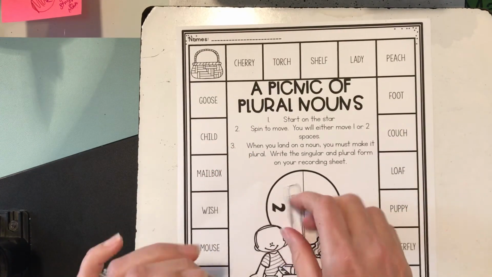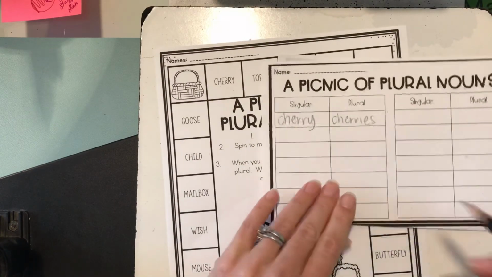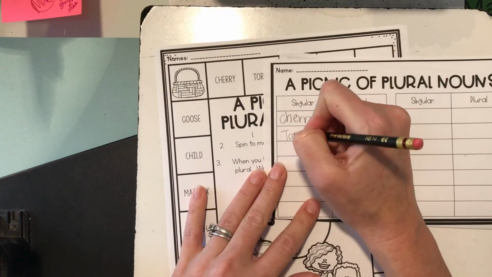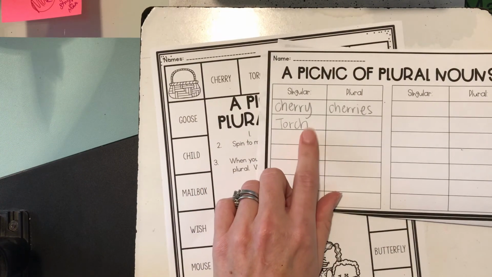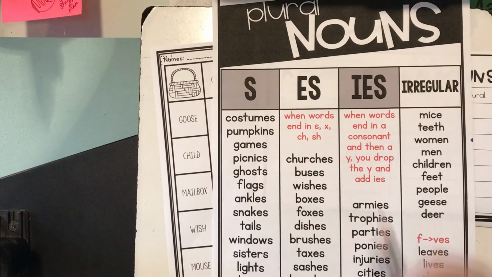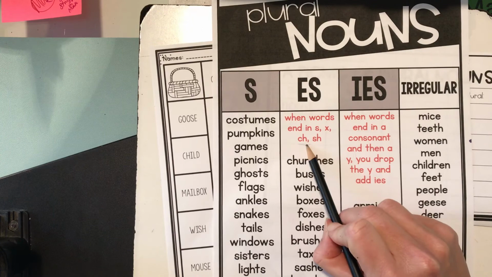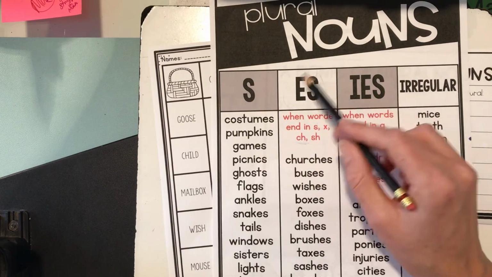Oh, I got one again. Torch. All right, torch down. Oh, I remember there was a tricky rule with the CH at the end. I'm going to go to my sheet. Oh, I remember. Here it is. When a word ends in S, X, CH, or SH, we add ES at the end.